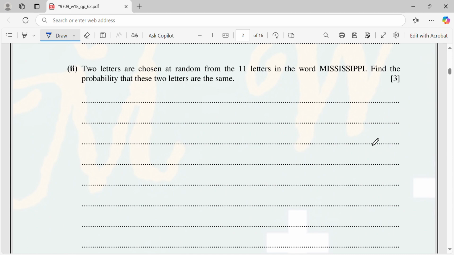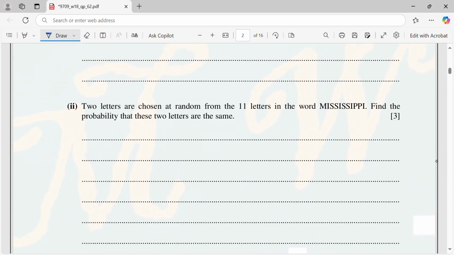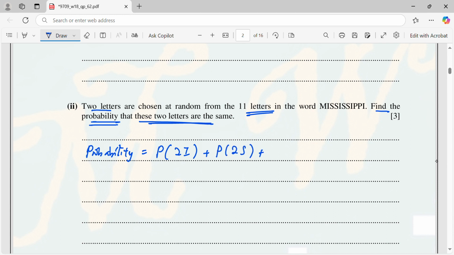So now second part, 2 letters are chosen at random from these 11 letters. Find the probability that these 2 letters are the same. Okay, which means now probability equals probability of getting 2 I's, plus probability of getting 2 S's, plus probability of getting 2 P's.